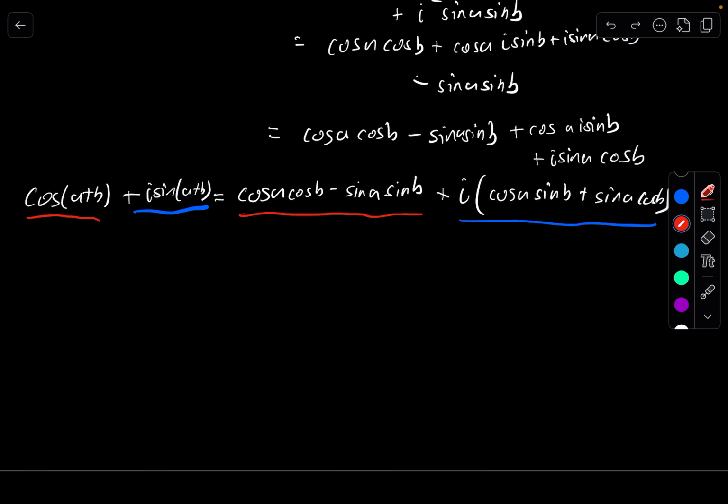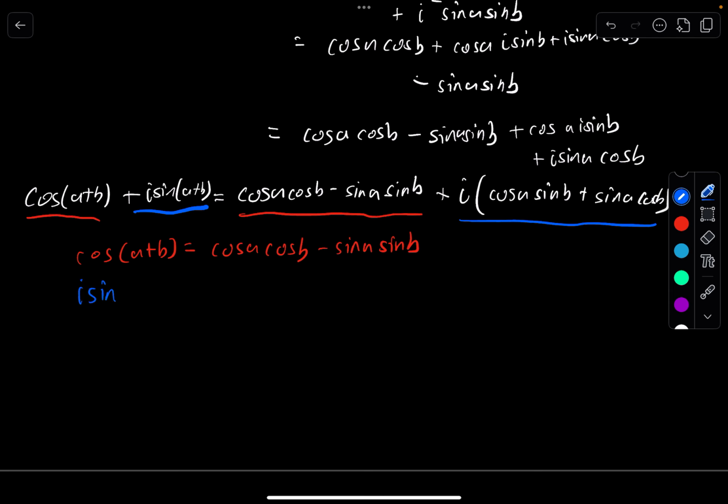This red part is the equivalent: cosine of (A plus B) is equal to cosine A cosine B minus sine A sine B. And with the blue part, the imaginary parts, this is really saying that i sine of (A plus B) is equal to i times (cosine A sine B plus sine A cosine B).